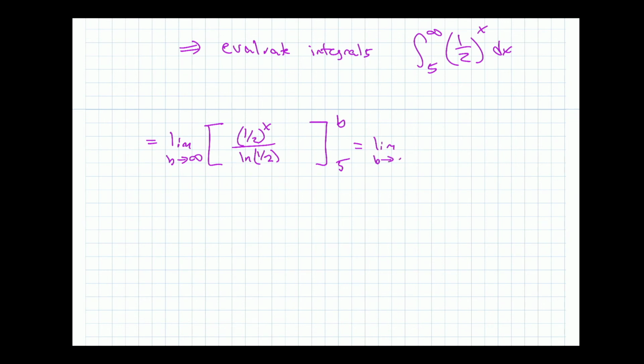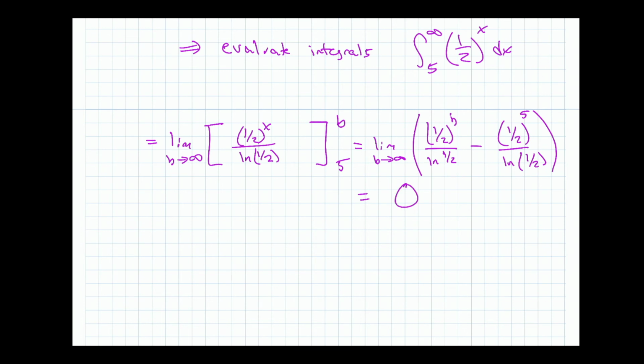The limit as b goes to infinity of 1/2 to the b over ln 1/2 minus 1/2 to the 5 over ln 1/2. As b goes to infinity, 1/2 to the infinity is 0.